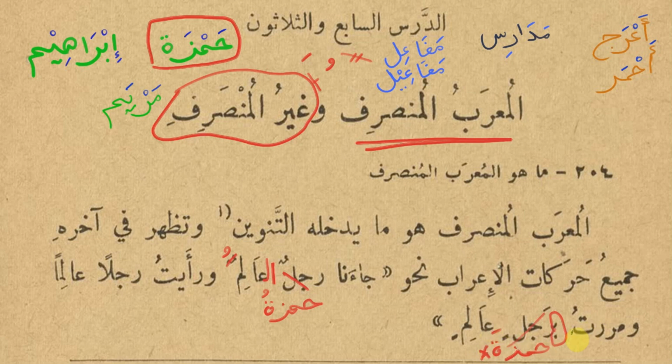So you would hear me say مررت بحمزة العالم. Again, I defined it with the definite article because this is a proper noun, a definite noun. And it lost the nunation because of it. But it kept this kasra. Notice, مررت بحمزة العالم.